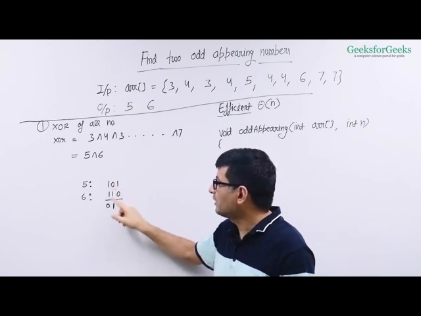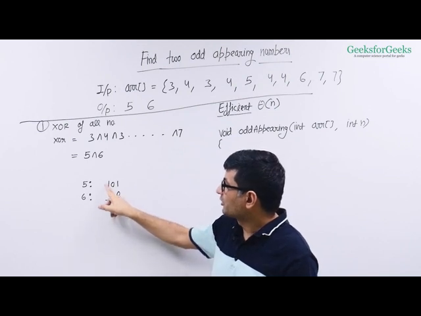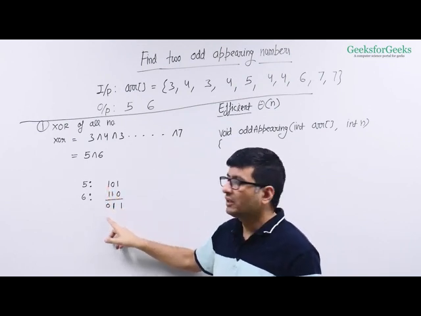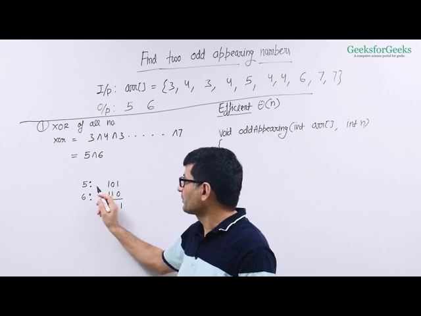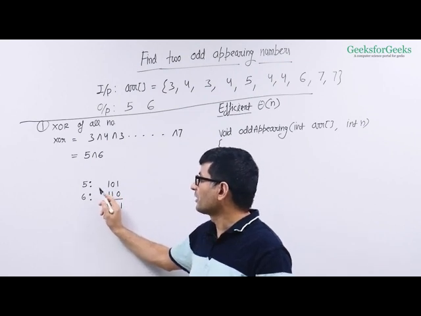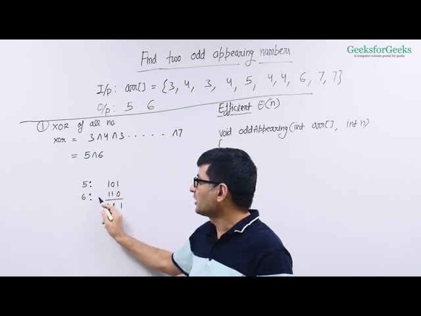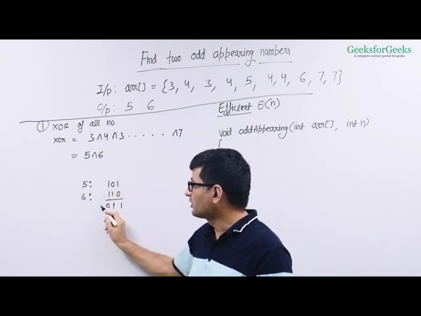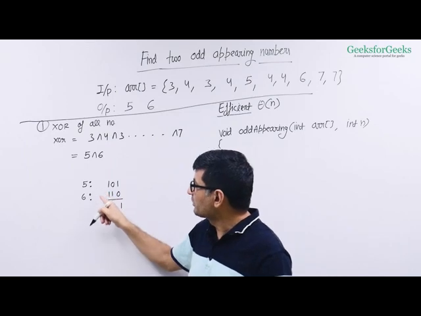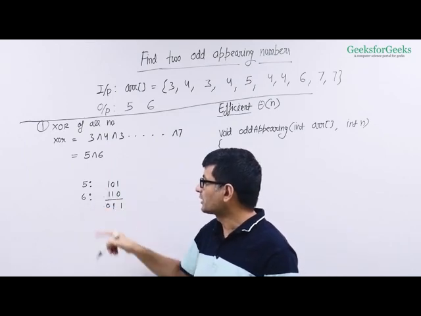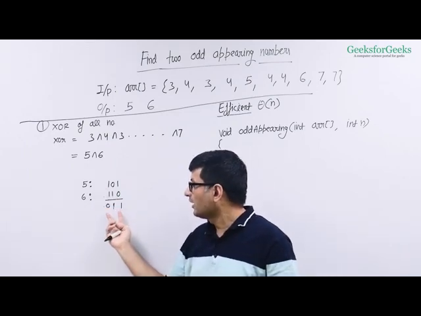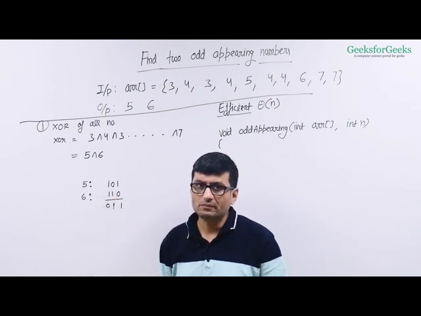It's going to have 1 when they are different here. It's going to have 0 when they are same, right? And all the preceding bits, because this is a 32-bit number representation, so there will be 29 preceding bits here, 29 preceding bits here. They'll all be 0 in XOR because they are same in both. They are both 0, 0 in both the numbers. So this is your XOR of 5 and 6.